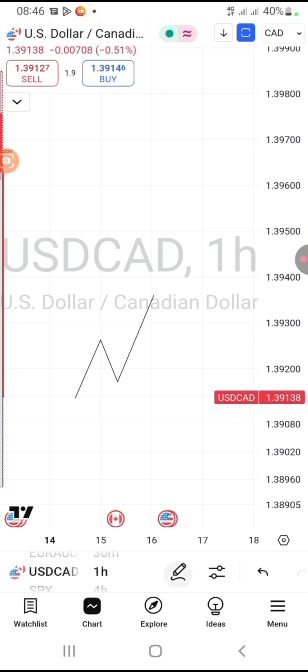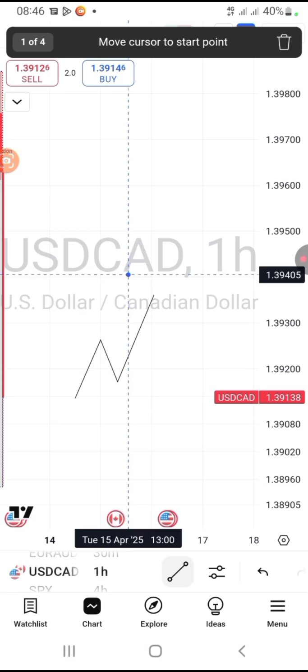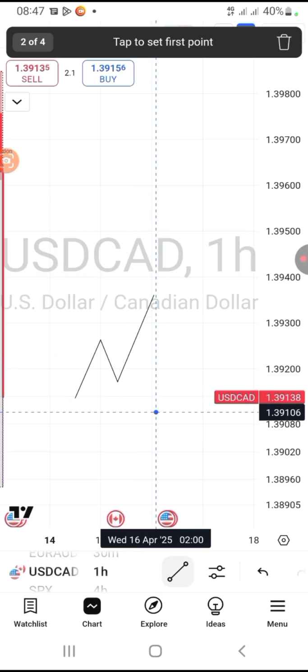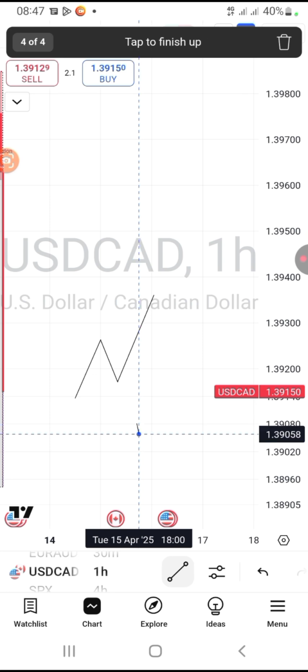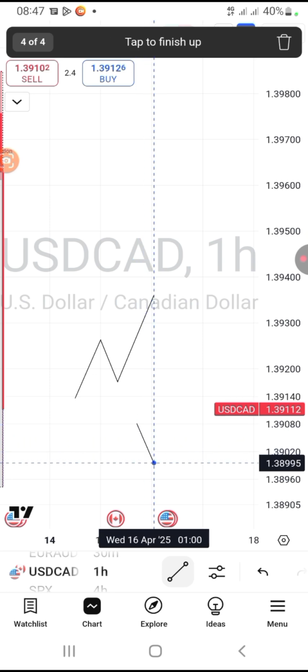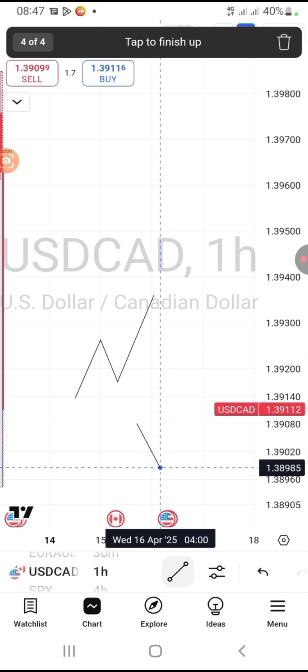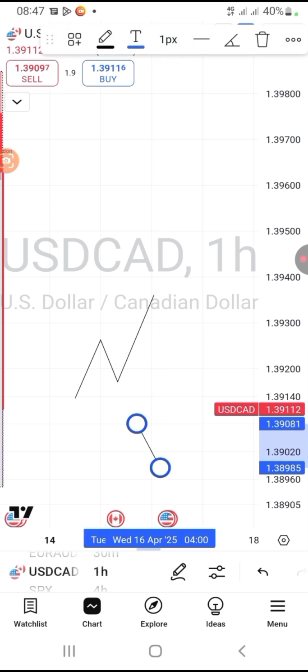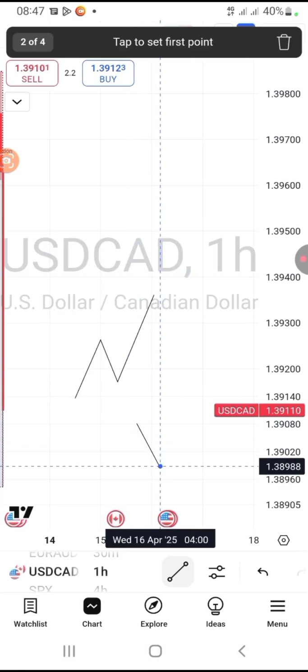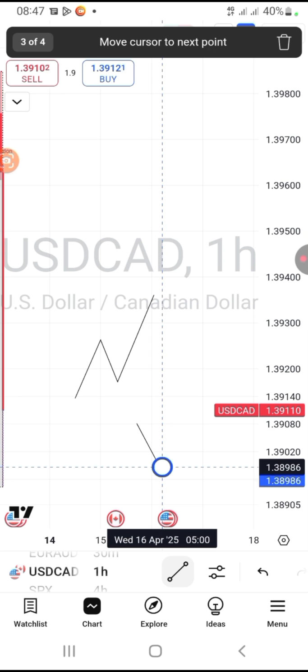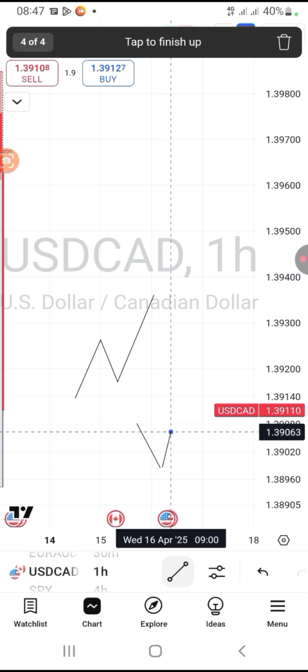Then in a downtrend, it is simply when the market, for example, does something like this. The market comes down like this, and then does this. This is usually called a pullback.